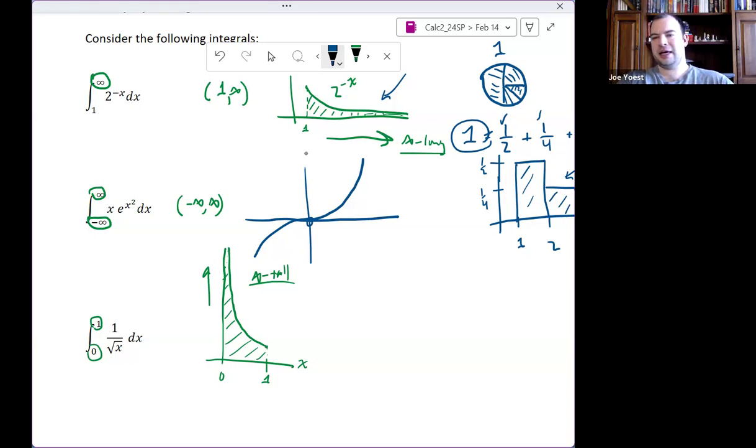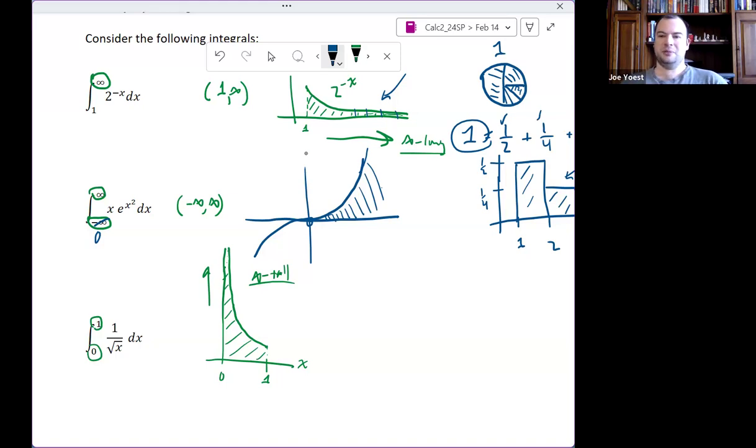And here we're going to be adding up areas that, well, on the right side, the area gets bigger and bigger as we go to the right, instead of getting smaller and smaller. It seems like it's not so great. And I think we would agree that if we had integral 0 to infinity, this actually would be an infinite area, because we go infinitely far in the right direction.